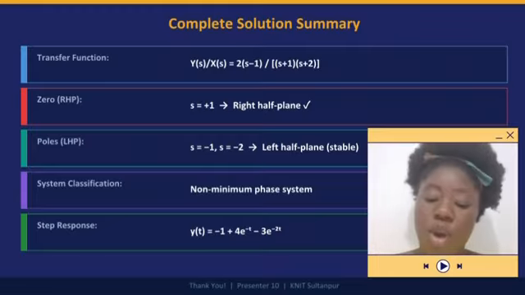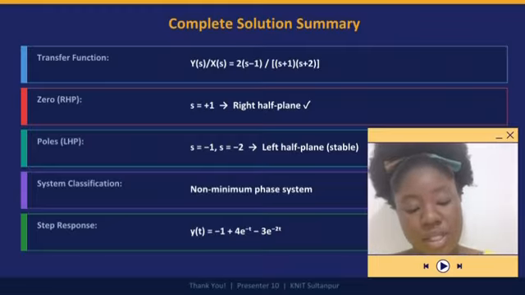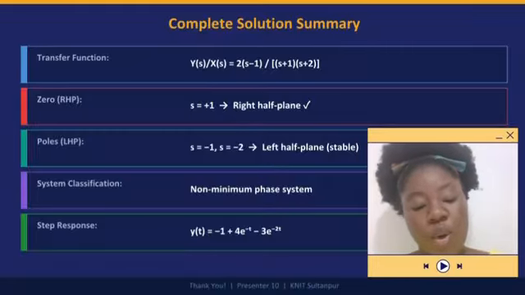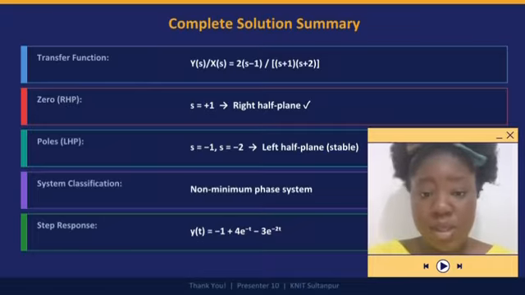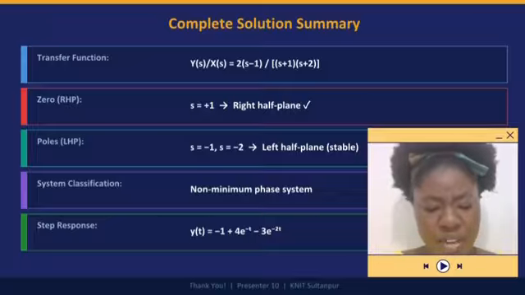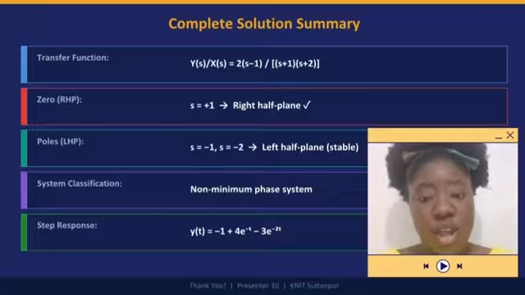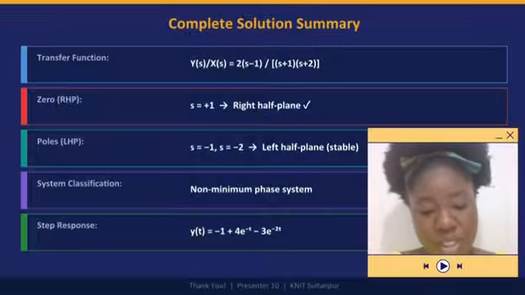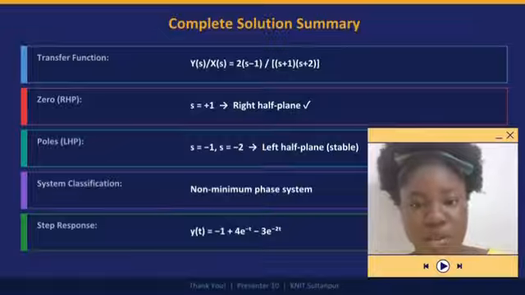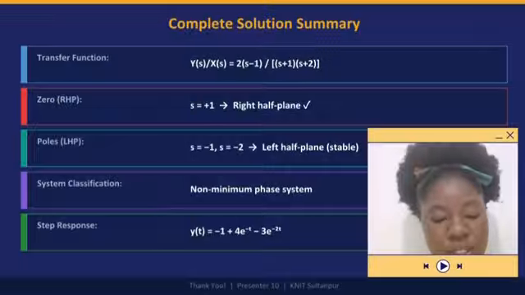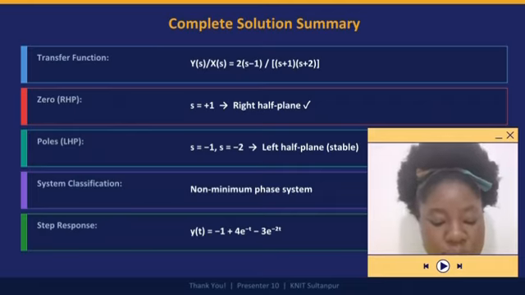That is Y(s)/X(s) = 2(s-1)/((s+1)(s+2)). Then we identified the zero at s = 1, which is in the right half plane of our graph. This answered the first requirement of the problem.